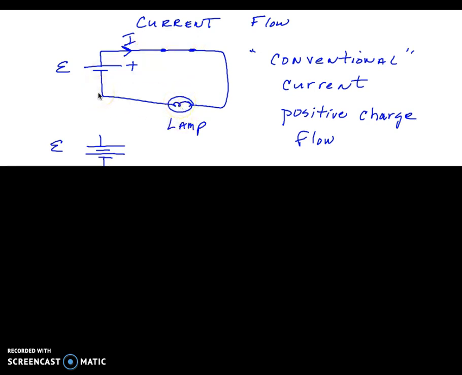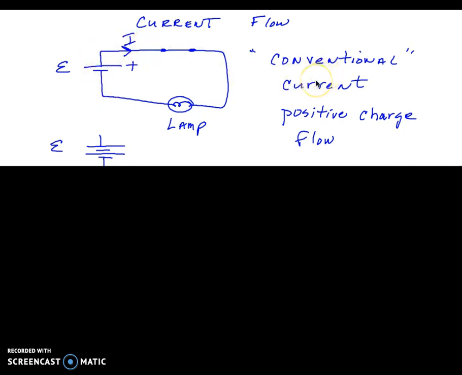Now, a long time ago, it was not known whether positive charge moved or negative charge moved. So scientists just assumed it was the positive charge. If it was positive charge moving, it would leave from the positive terminal and make its way through the circuit, through the lamp, and back to the negative side. This direction of current is called conventional current.